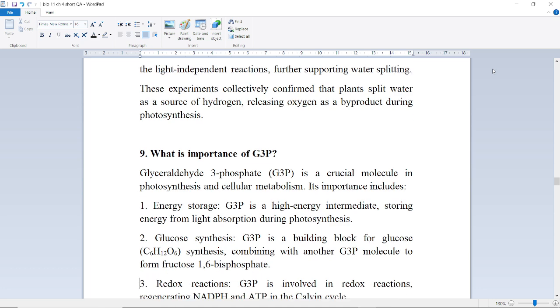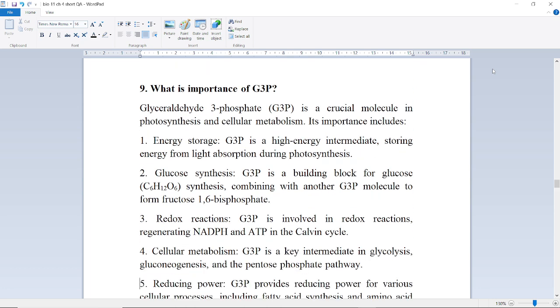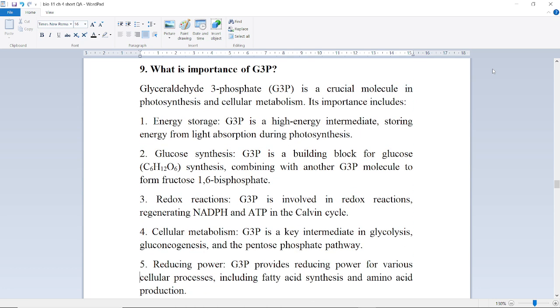Next is, what is the importance of G3P? G3P stands for glyceraldehyde 3-phosphate, a crucial molecule in photosynthesis and cellular metabolism. Its importance includes energy storage. G3P is a high-energy intermediate storing energy from light absorption during photosynthesis.